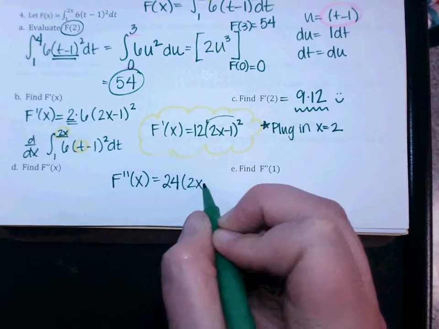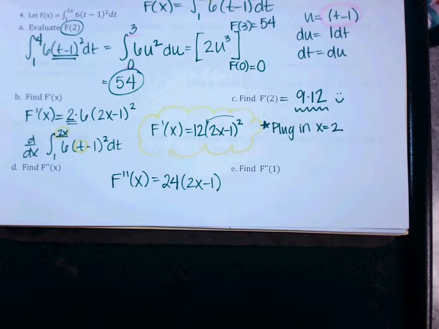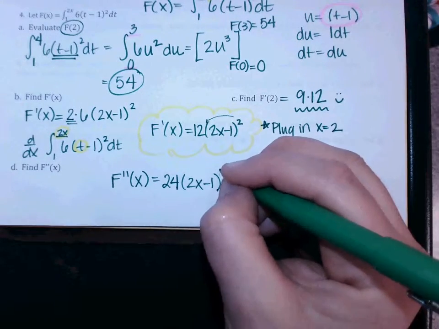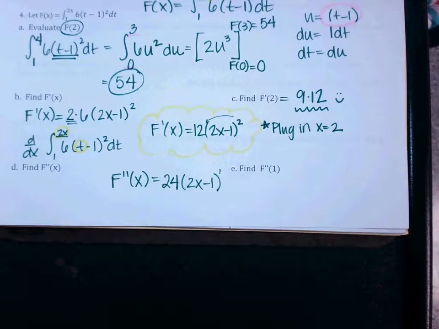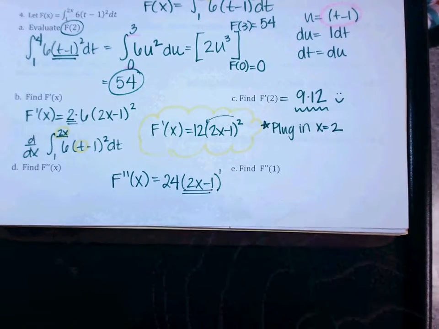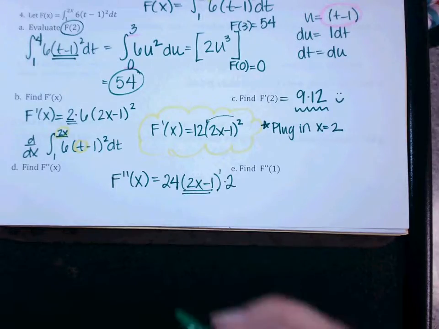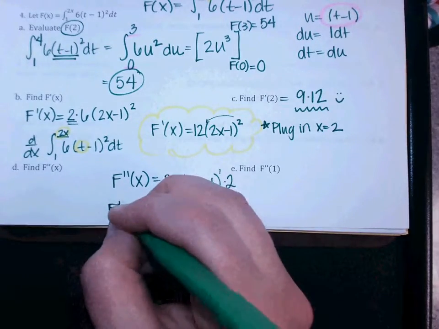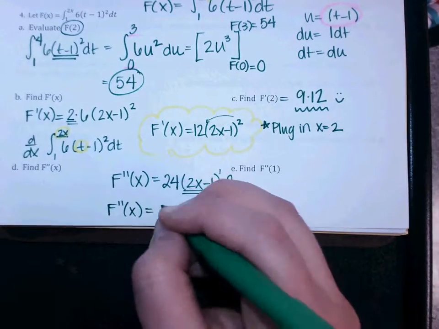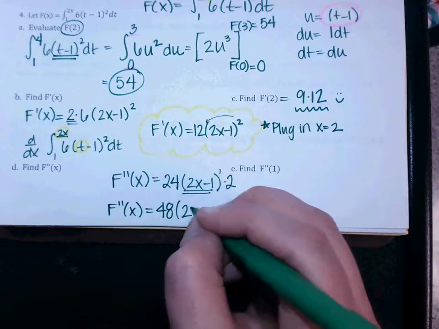What's the new power on 2x minus 1? It used to be squared. Derivatives, I take 1 away. So now it's to the 1. You can put that or not, doesn't matter. And then times by the derivative of the middle. What's the derivative of 2x minus 1? 2. So what is f double prime going to be? 48. 48 in the front, 2x minus 1.